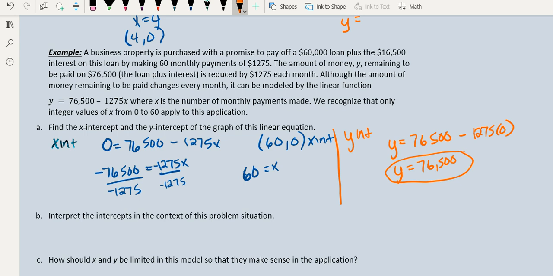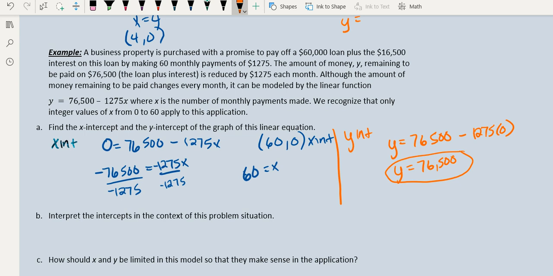So what can I interpret from the intercepts? Well, the x-intercept corresponds to the number of months that must be paid when the amount remaining is $0.